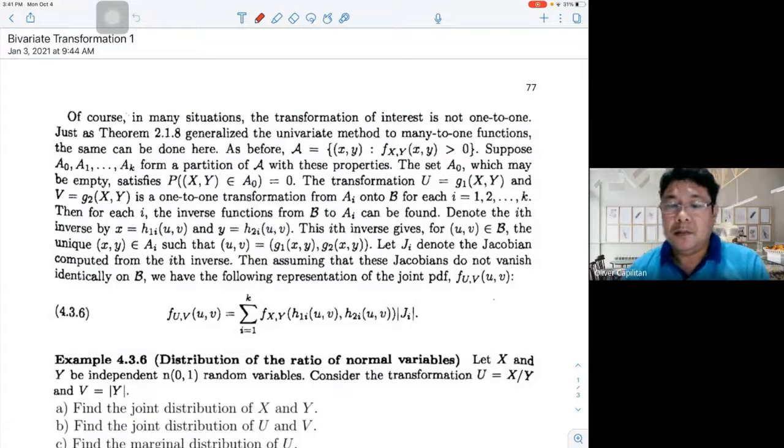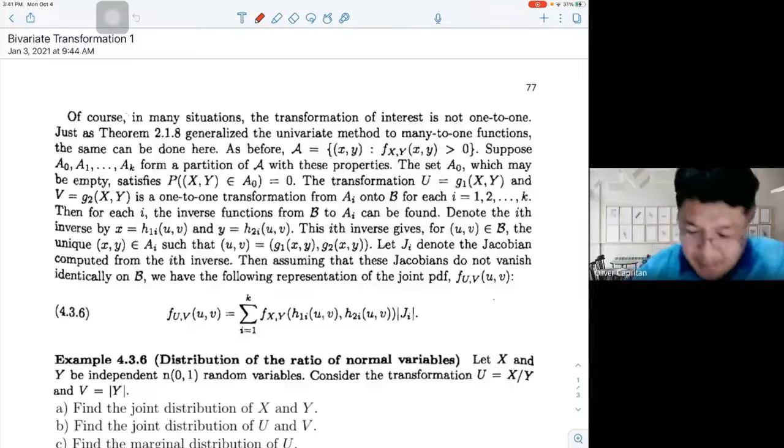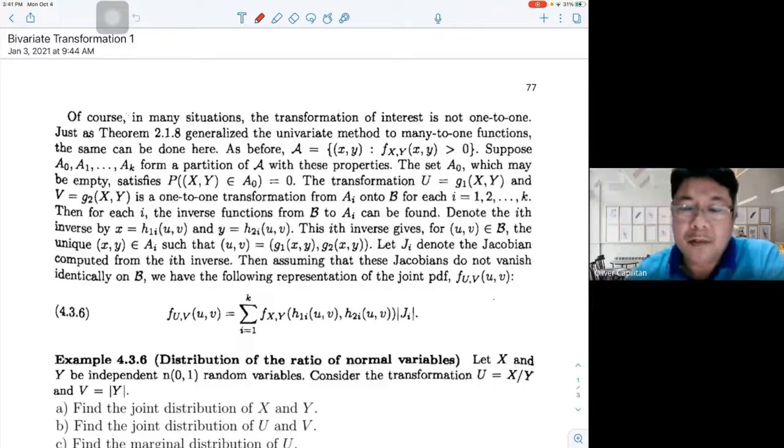Okay, so the same process. Determine our script A. Script A will be the set of all ordered pairs (x, y) such that the joint PDF is positive.